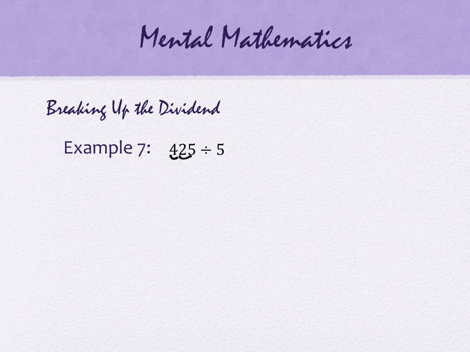But I still can break it apart and make it work really nicely by doing 425 like this, because 5 does divide 400. It doesn't divide the 4, but it divides 400 because it would divide 40, right? It would divide 40 and give me an 8. So this is 80, and then 25 divided by 5 would be 5 to give me 85.